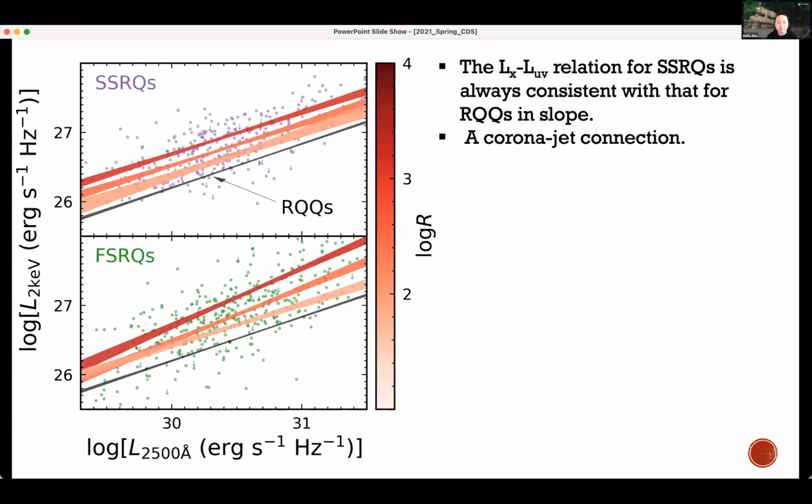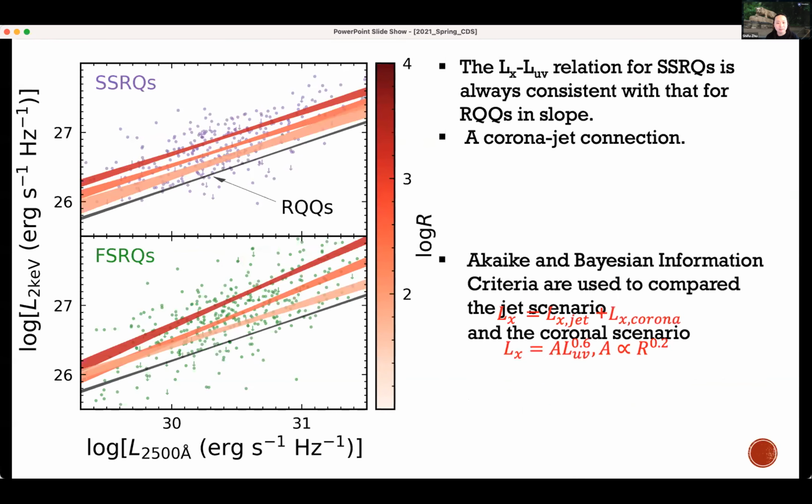Furthermore, if we divide the sample into bins of radio loudness parameter log R, the consistency in slope persists. It's only that the normalization factor increases with log R. So it suggests that in these steep spectrum radio quasars, the corona dominates X-ray emission, and furthermore, there is a corona-jet connection at work.